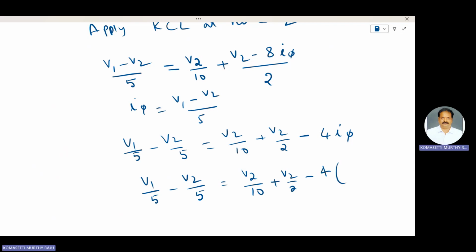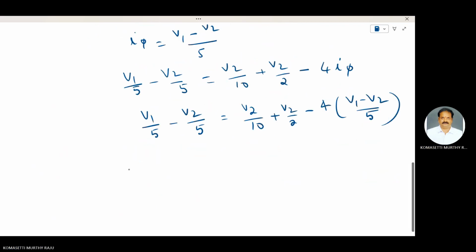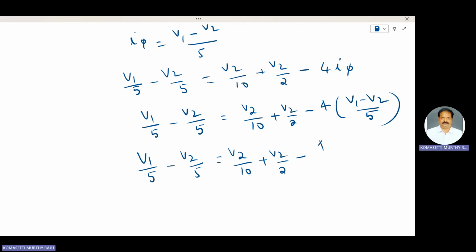So V1 by 5 minus V2 by 5 is equal to V2 by 10 plus V2 by 2 minus 4 V1 by 5 plus 4 V2 by 5.